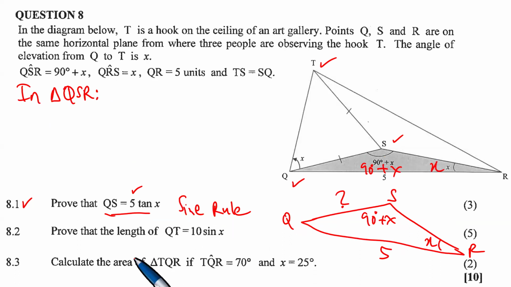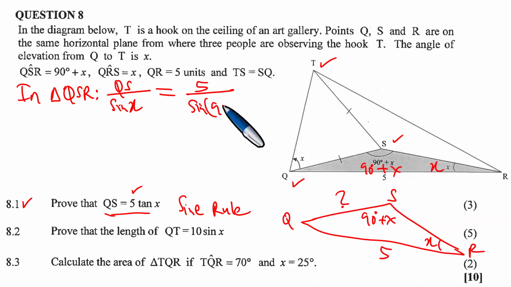Triangle QSR. So you have QS over sine x is 5 over the sine of 90 degrees plus x.